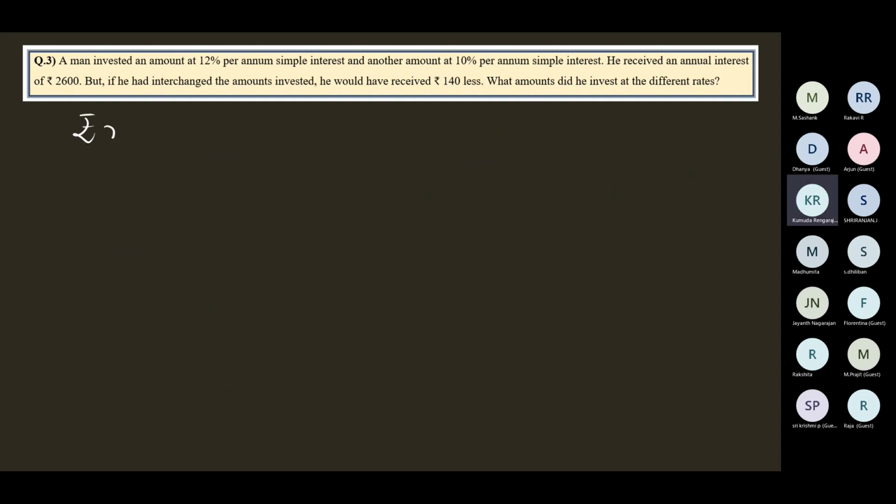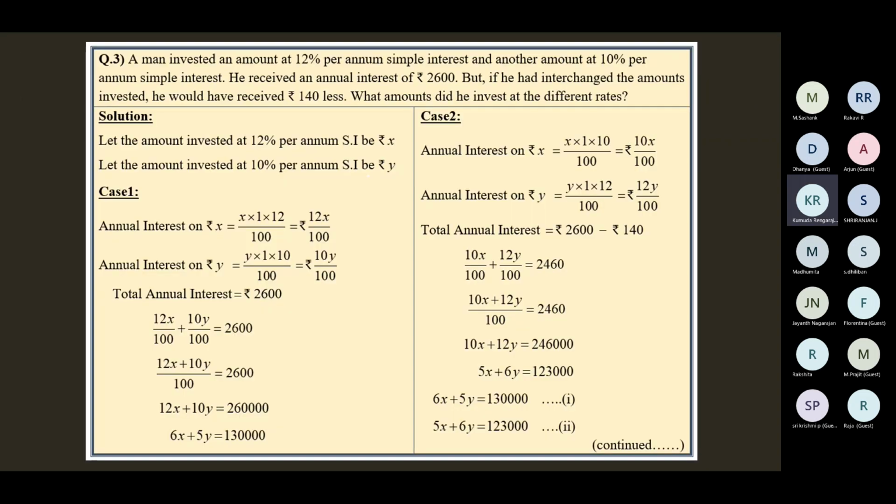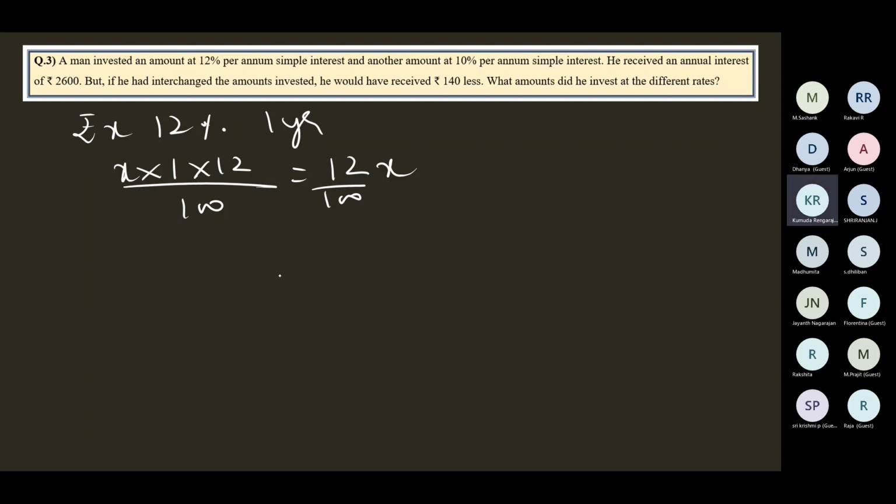So rupees X, 12%, 1 year. So interest will be principal into time into rate by 100. I don't simplify, and I'll tell you why. You can simplify and you'll get the same answer. It's for a particular reason, I'll tell you why.